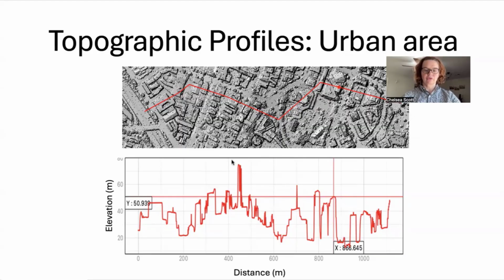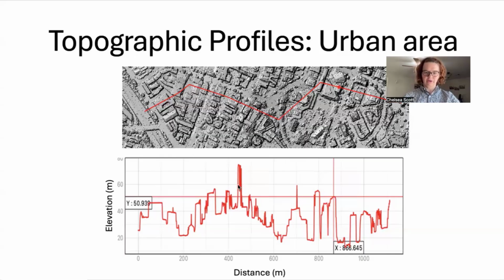So this shows a lot of bumps, and these bumps are buildings. For example, this building here is going to be approximately here. And we can use the topographic profile to measure the height of the buildings.